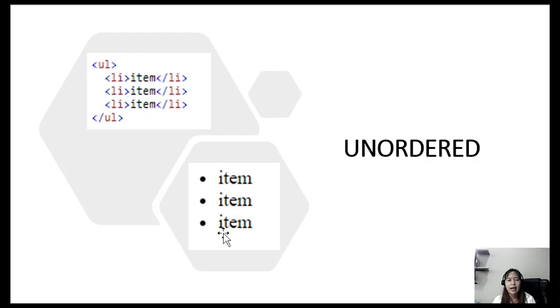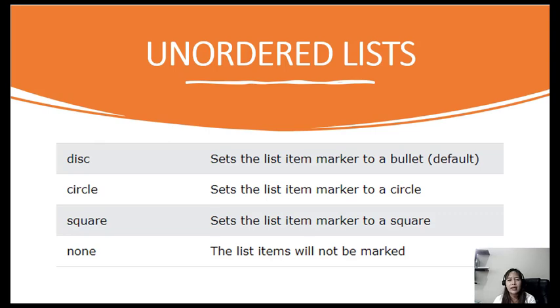So there are 3 items here because you have 3 li or list items inside your ul tags, and so that simply means it's an unordered list. And since the type of symbol that is used is not specified, that means it will use the default symbol, which is this. Okay, so that is actually an example of a disk, and that's the default setting.